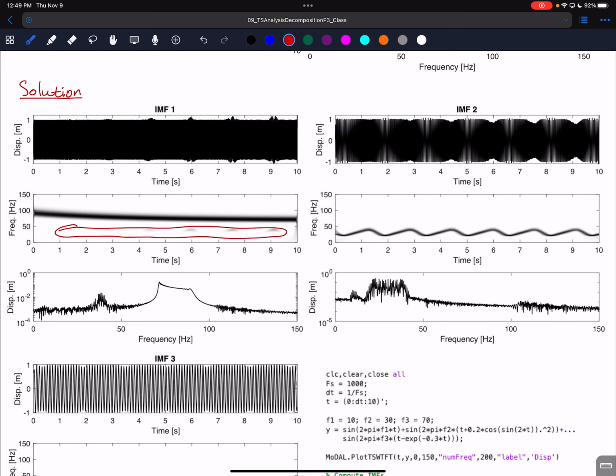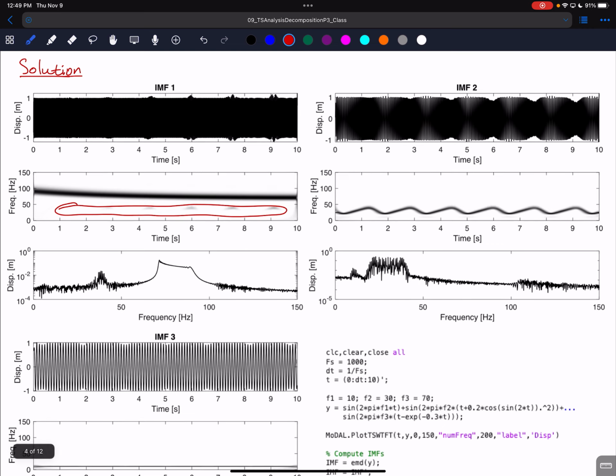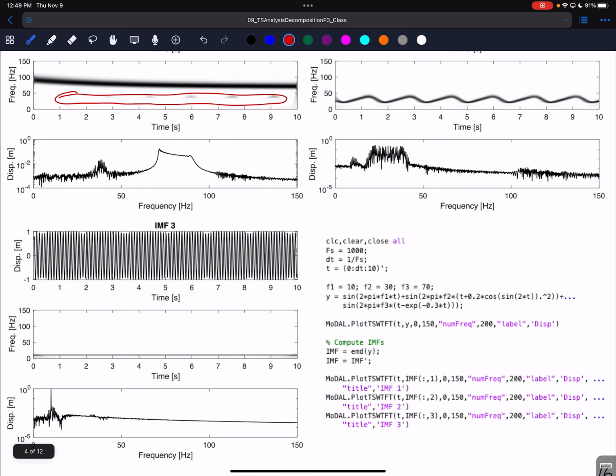That's something we call mode mixing, which we will go through in the next little subsection. IMF2 here is able to capture that oscillatory component like we mentioned, and then IMF3 just captures that low frequency component in general.